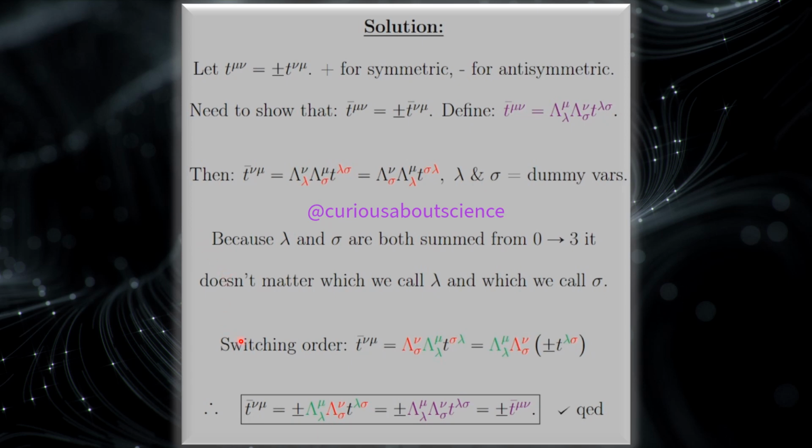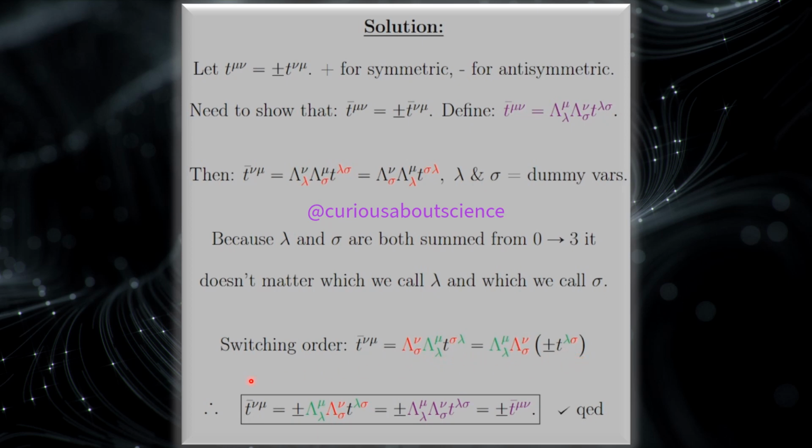Therefore, by switching the order, we see that T bar nu mu is equal to the transformation lambda sigma nu, times the transformation lambda mu lambda, times T sigma lambda. I color coordinated it as best as I could, because if we switch the transformation sides, we have to switch the T order as well. So we switch it here. Again, the color coding is to help you.